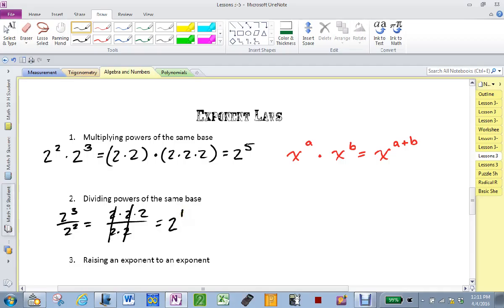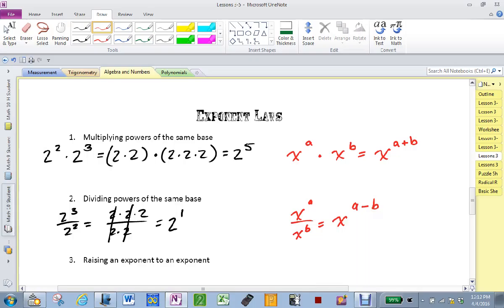Right? Also known as 2, of course. What is this as an actual rule? X to the a over x to the b equals x to the a minus b. We all remember this, yes?